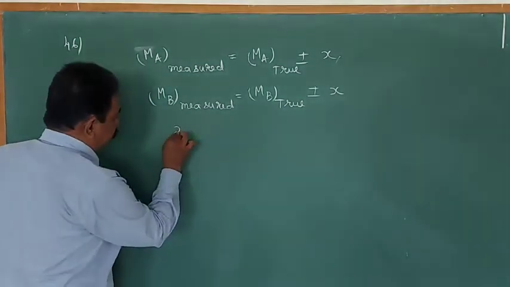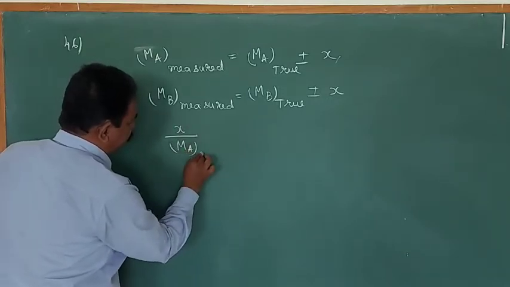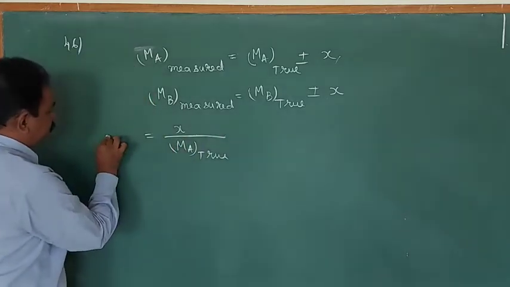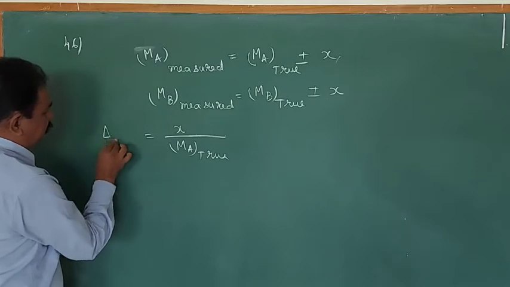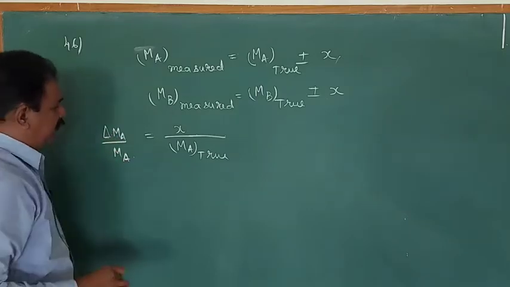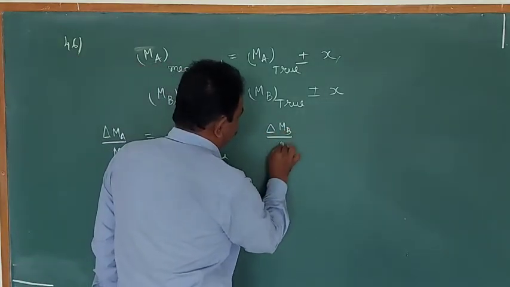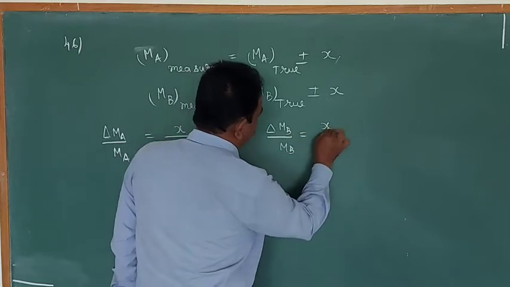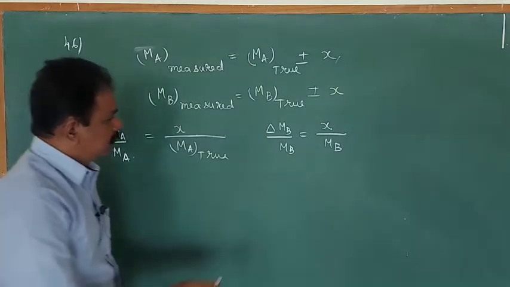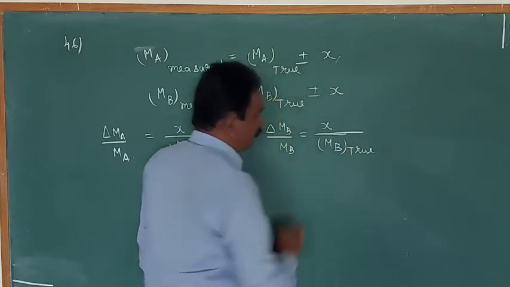So absolute error by true value, this is called relative error in the measurement of A. Relative error in the measurement of B will be equal to X by MB. Okay? This is MB true value, means actual value.